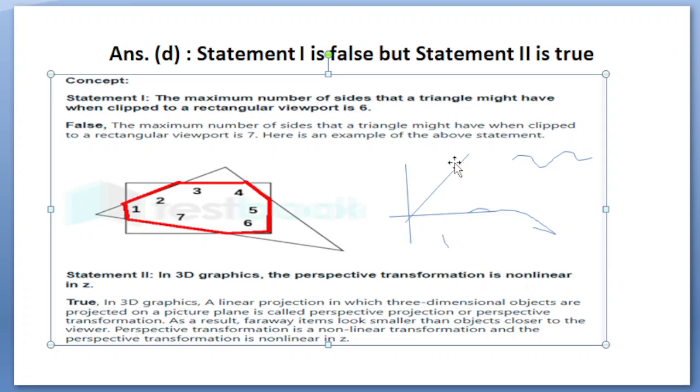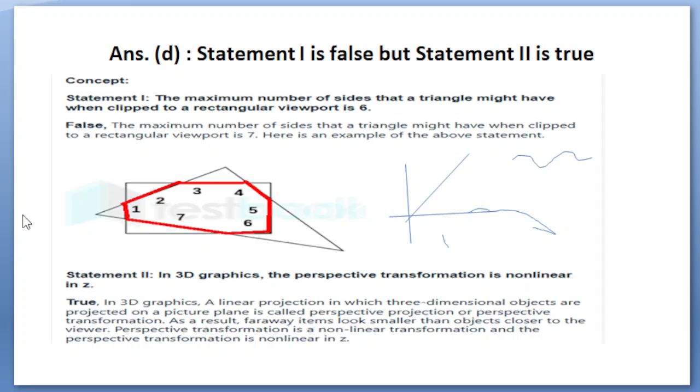We will get some point or raster-like values, and non-linear values. That is what the second statement is saying. So these two statements are true as per 3D graphics and 2D graphics.